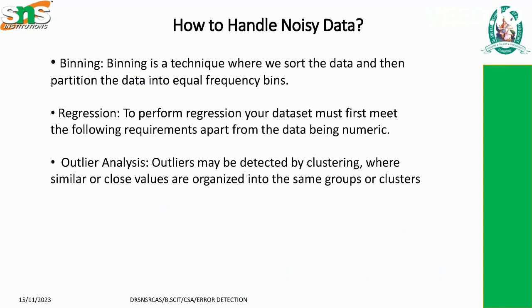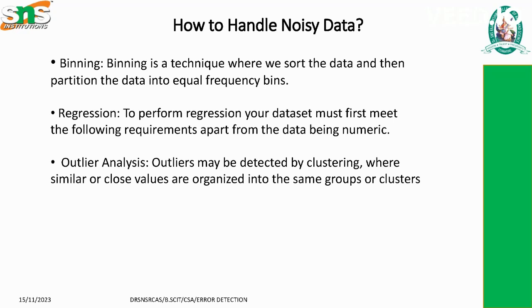So how to handle this noisy data? There are different techniques to handle noisy data. One is binning. Binning is a technique where we sort the data and then partition it into equal-frequency bins. The second one is regression. To perform regression, your data set must first meet certain requirements, apart from the data being numeric.